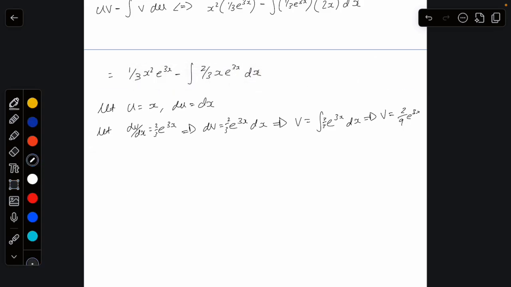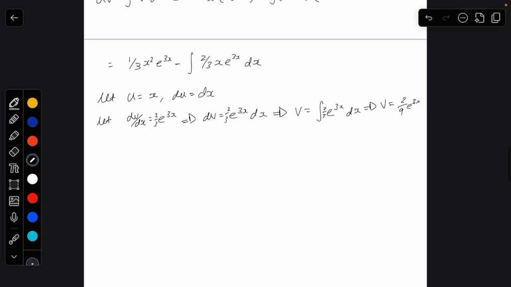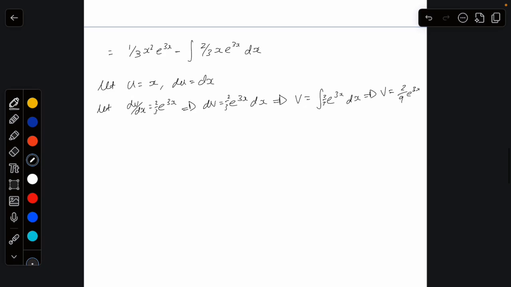Now with that, we've got our values. Remember uv minus v du. What's that going to give us here? Well, we've got u, which is x. We've got v, which is 2 over 9 e to the 3x. We've got an integral of v du, which is dx.